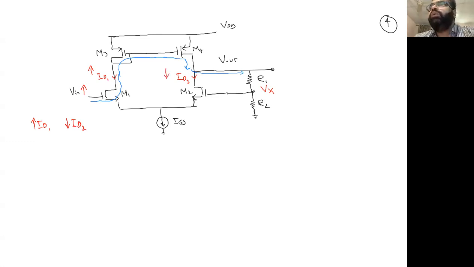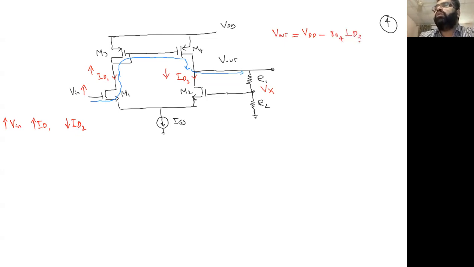If ID2 goes down, what will happen with V out? I will see it with multiple configurations, but if ID2 goes down, what will happen with V out? So this ID is multiplied by this resistor. So V out, if we want to write, is VDD minus some resistance, which is followed by this R04, I'm writing, times ID2.